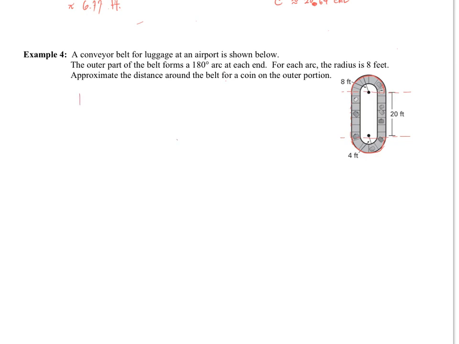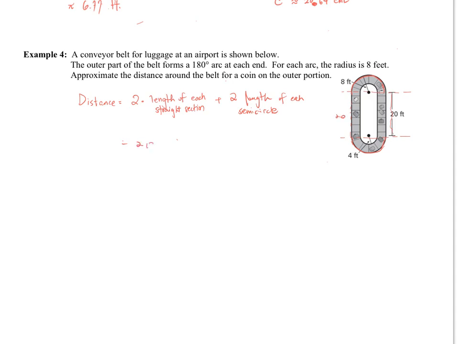So the distance will be given by twice the length of each straight section plus twice the length of each semicircle. So since this is 20, this is also 20.